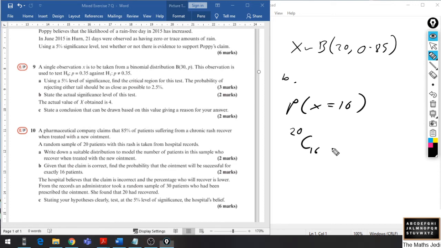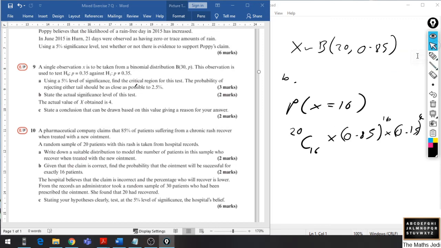So you're looking for 20 choose 16 times the probability of success, 0.85 to the power of 16, and then 0.15, the probability of failure, to the power of 4. And again, that classic test to make sure these two add up: 16 and 4 do make 20, and you would work that out.